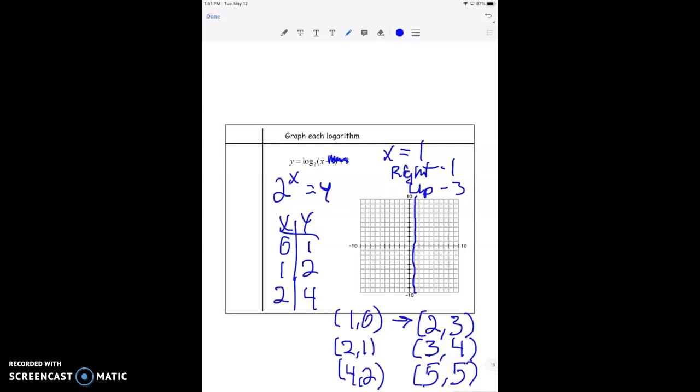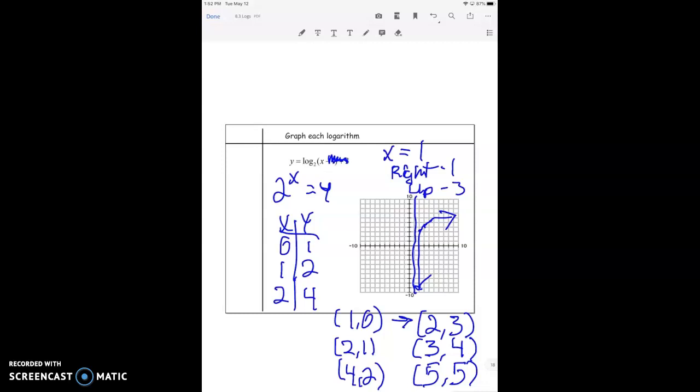So (2, 3) is my first point. (3, 4) is my second point, and (5, 5). Wow, this is a nice tight graph here. All right, so there you go. Here's your graph for that shift.